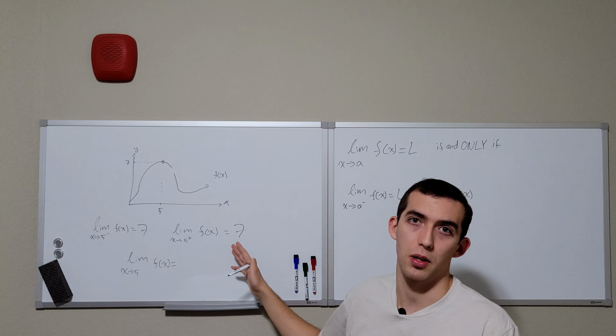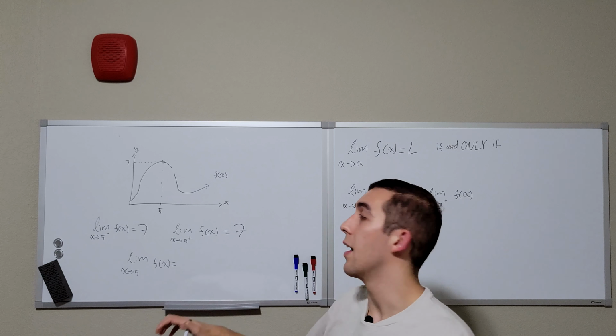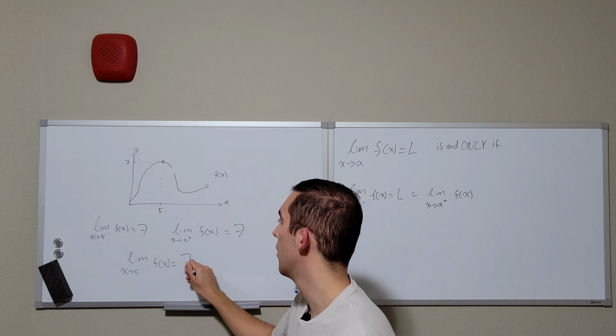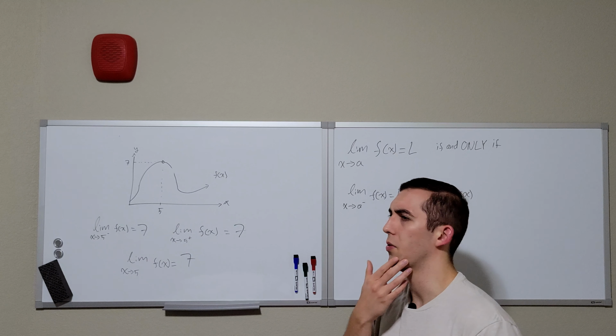They're both equal to each other. Therefore, the limit at x equals 5 exists, and it is that same number. So it'll equal 7.